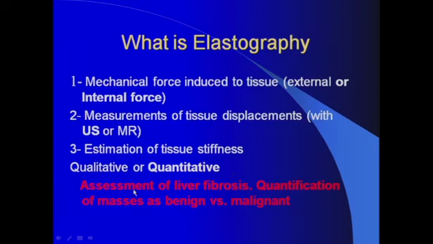Basically, what we're trying to do in the liver is assessment of liver fibrosis. Based on the data published in Europe and in the United States, it sounds like there's a future for evaluating the degree of liver fibrosis. Unfortunately, quantification of masses as benign versus malignant in the liver is quite limited, and there's not enough data to support its use.